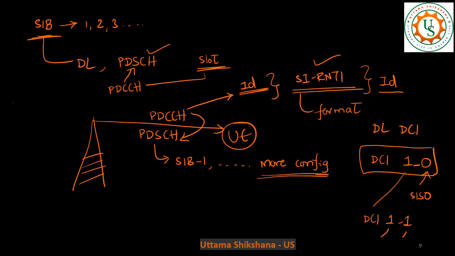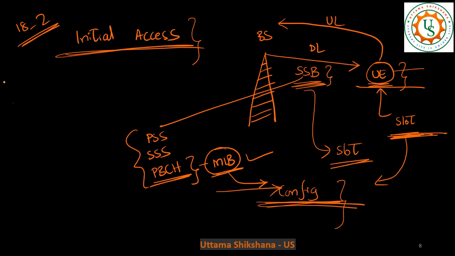Now, if you have worked on this initial access, and if you have worked on PRACH, usually there will be one more question asked. As I was telling, if you decode SIB1, SIB2 and things like that, you will get more configurations. One of the configurations that is required immediately is this: the UE has to synchronize in the uplink direction as well. In that case, the UE should know certain resources to transmit the uplink signal.